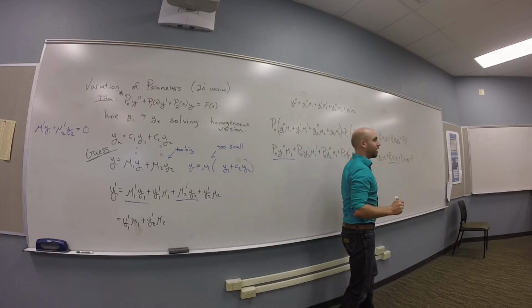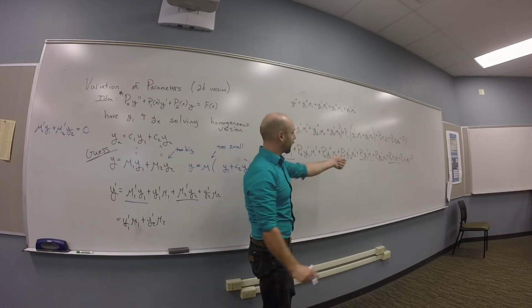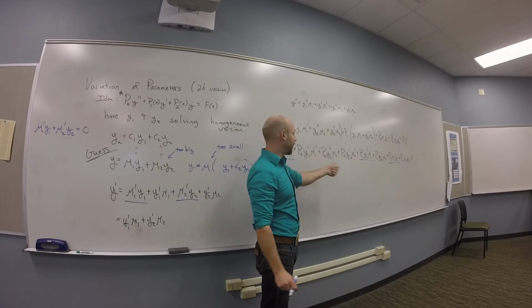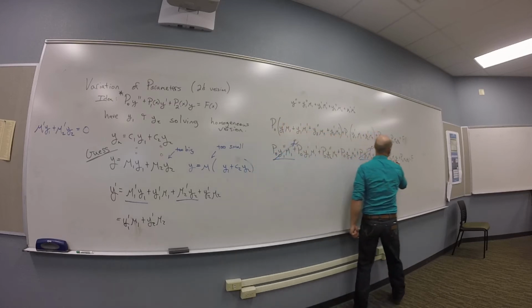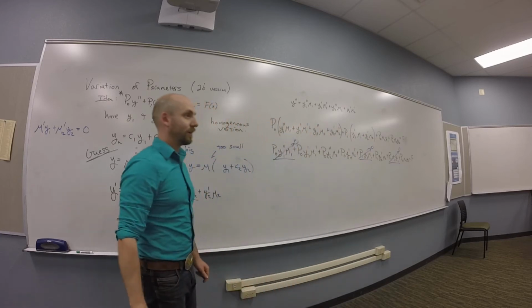That one. And all of those are multiplied by mu, thank God. So that whole thing is the homogeneous version. All three of those terms are not themselves zero, but together they're zero.